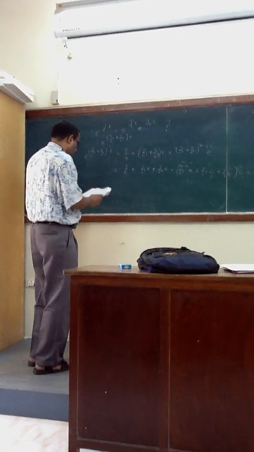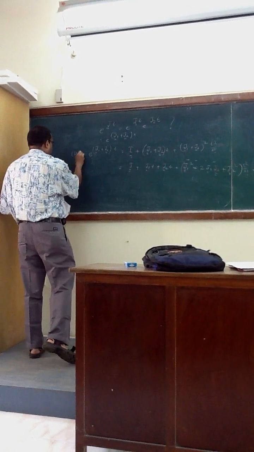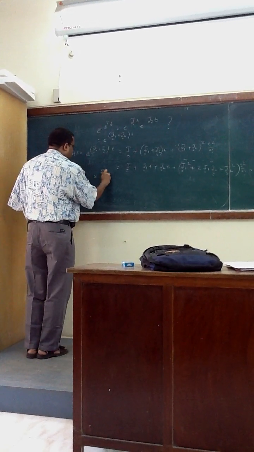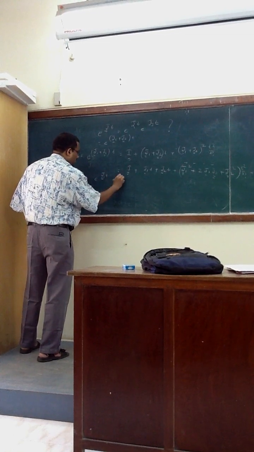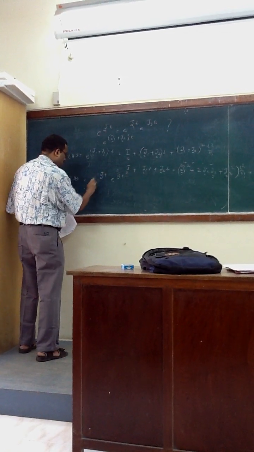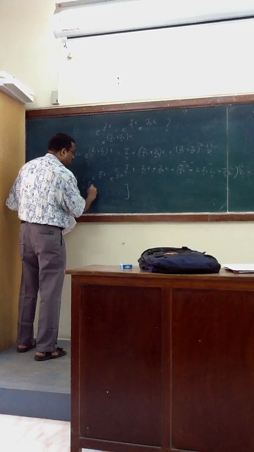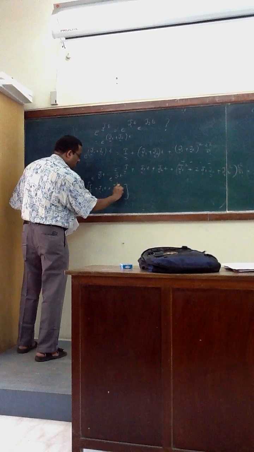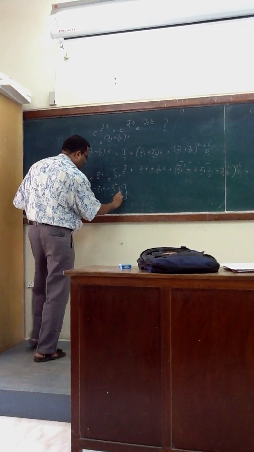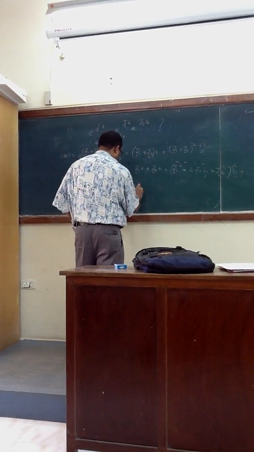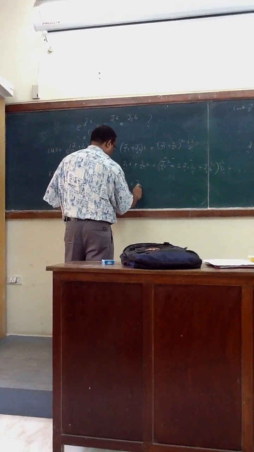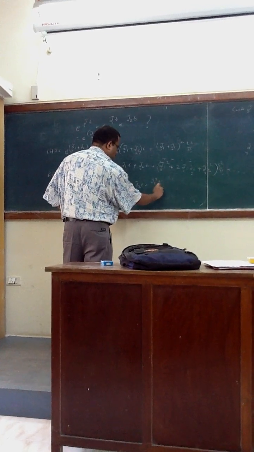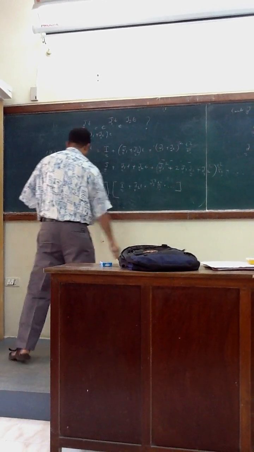Right? So what actually happens? On the right hand side, we have e to the power J1 t times e to the power J2 t. e to the power J1 t we can write as I plus J1 t plus J1 square t square by 2 factorial and so many terms. Similarly, you can write I plus J2 t plus J2 square t square by 2 factorial plus so many terms.